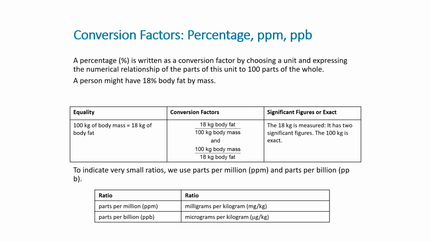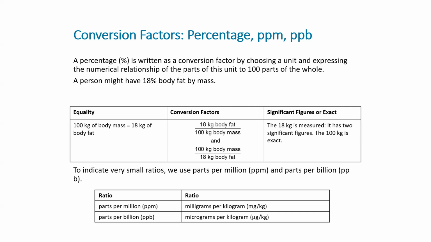And then for very, very small ratios, we use other units such as parts per million and parts per billion. We can go directly from a mass percent to parts per million or parts per billion just by changing the units in the numerator and denominator.